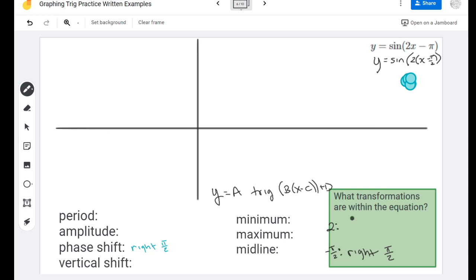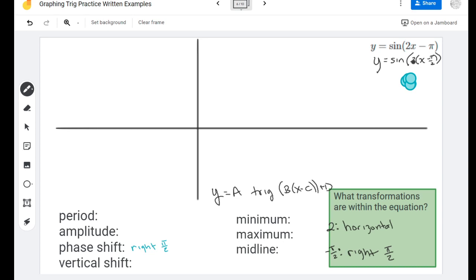Now this 2 you guys might not be used to seeing so much. We tend to avoid talking about horizontal shifts before we get to trig. Most teachers don't teach it. But that 2 is inside the grouping symbol, so it's definitely a horizontal change. And so that multiplication that's happening between the 2 and that set of parentheses is describing some kind of stretch or compression.